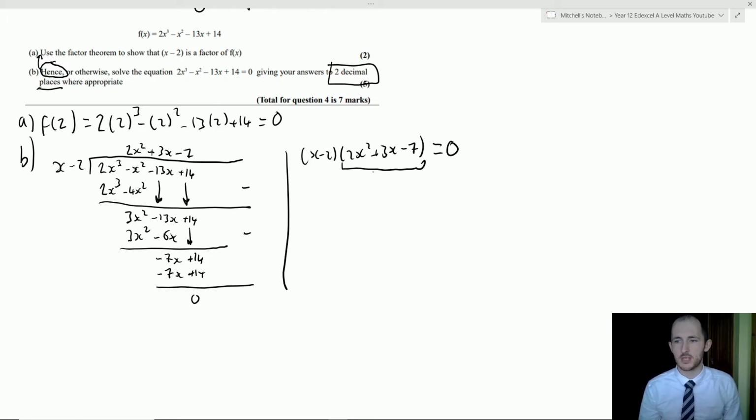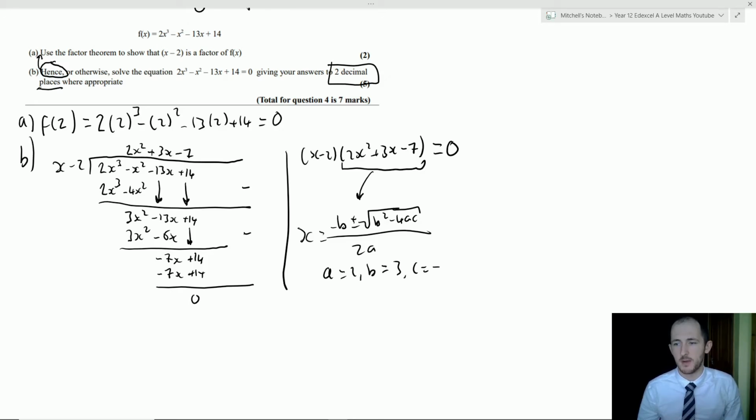So all I need to do is solve this, and we're going to be using the quadratic formula. Minus b plus minus the square root b squared minus 4ac over 2a, where a is equal to 2, b is equal to 3, c equals minus 7. Okay, and you should get 2 values of x.